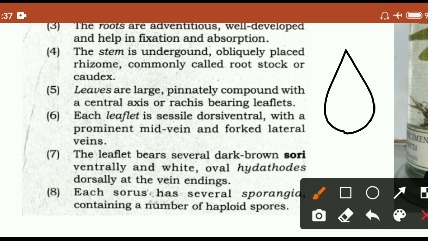Besides that, it has a mid vein and it has forked lateral veins. Forked lateral veins means like a fork, so 1, 2, 3, just like a fork.